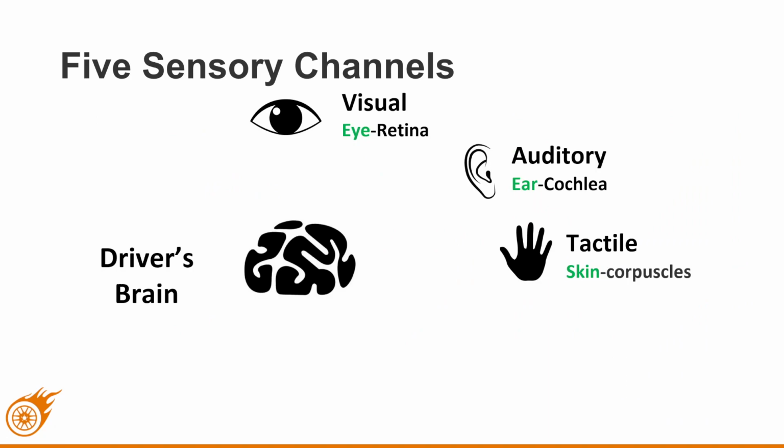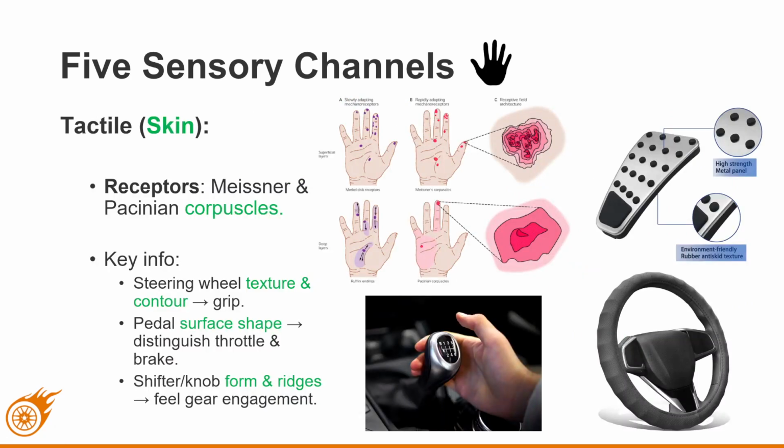The next sensory channel is tactile, which is through the skin corpuscles. So mainly there are 2 receptors for the tactile sensory channel. It's the Meissner corpuscles, depicted up here, and the Pacinian corpuscles.